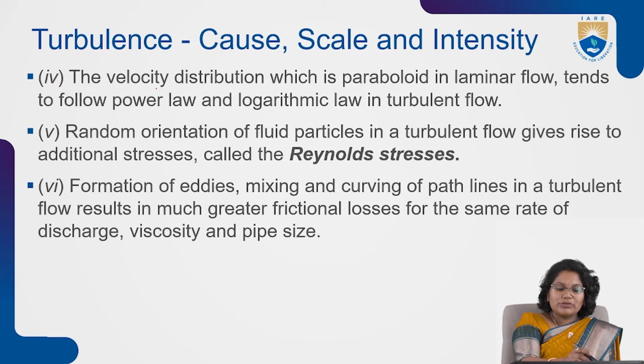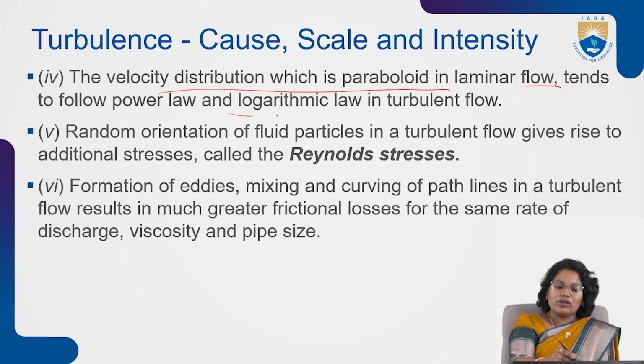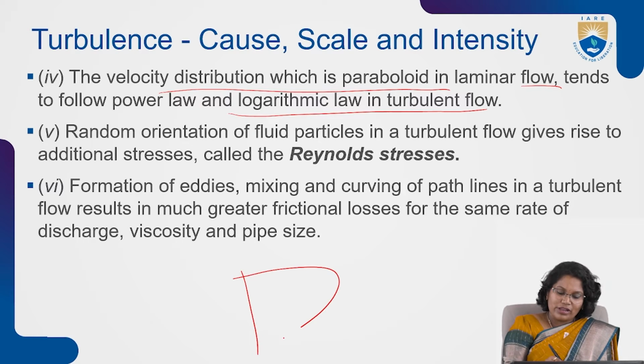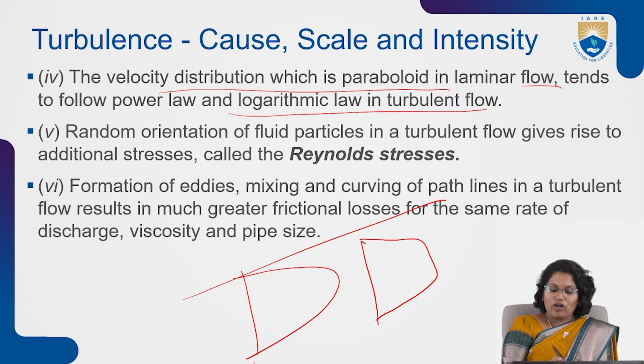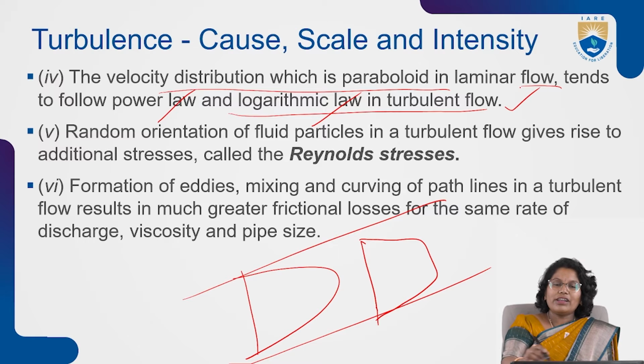The velocity distribution is paraboloid in laminar flows, and tends to follow the power law and logarithmic law in turbulent flows. So the logarithmic law or power law is used for turbulent flow to draw the velocity distribution diagram, right?